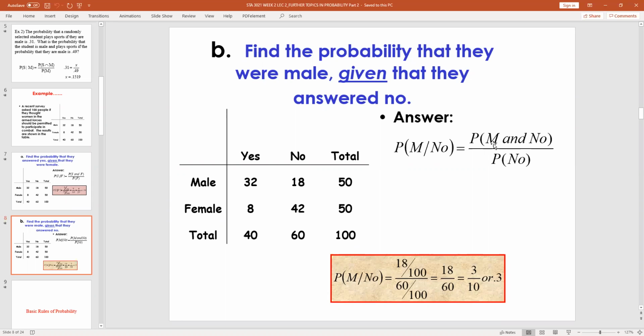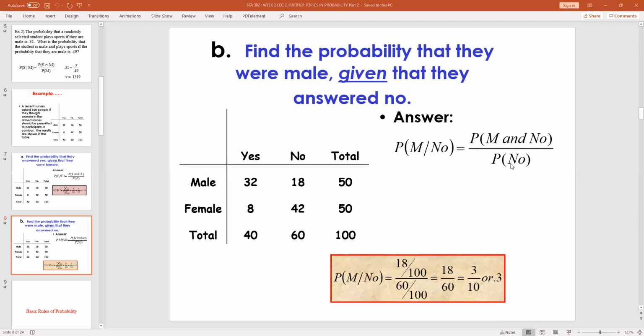Now, we take a look at that, then it means I need to be able to figure out the probability of the joint divided by the probability of no. Okay. Now, the probability of M given no, of course, I need to go to the table. What is the point of intersection between male and no? And that's going to be 18. And of course, the probability associated with that is actually going to be 18 divided by 100.